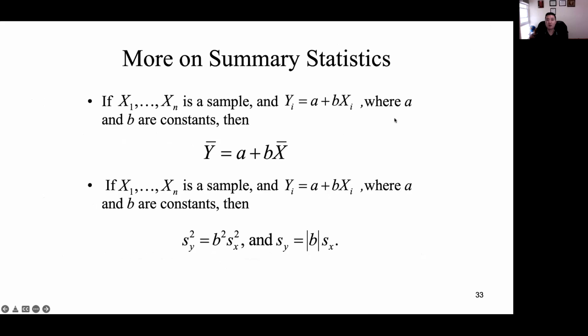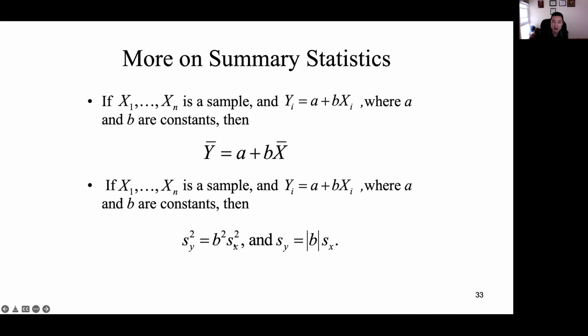More information about the mean value. If we have a sample x1, x2 to xn, and y is another variable where yi equals a plus b times xi, with a and b constants, then the sample mean of y equals a plus b times the sample mean of x.